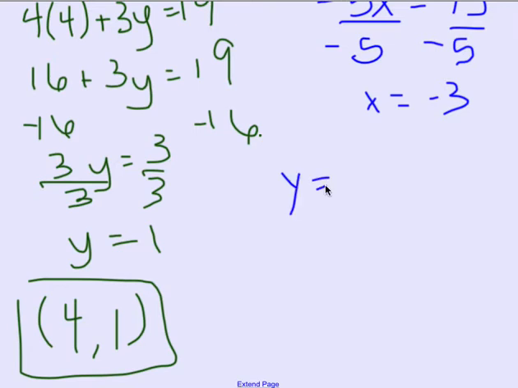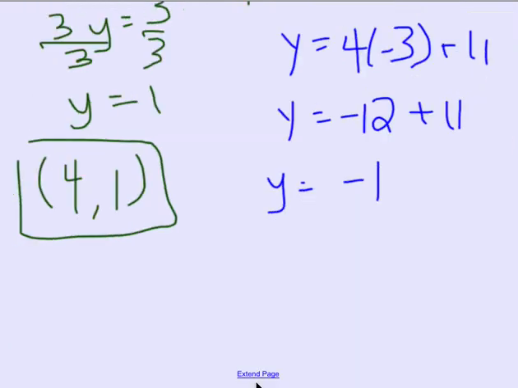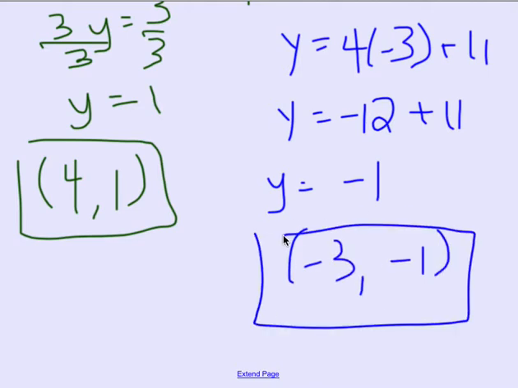So I'm going to take the x out completely, and it's already solved for y, so that's going to make it really easy. Okay, so 4 times negative 3 is negative 12 plus 11, and negative 12 plus 11 is negative 1. So then I get that x is equal to negative 3 and y is equal to negative 1. So I'm going to write that out as a coordinate point with first my x and then my y.